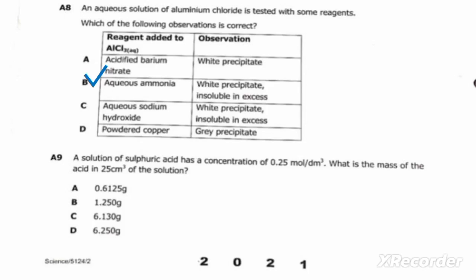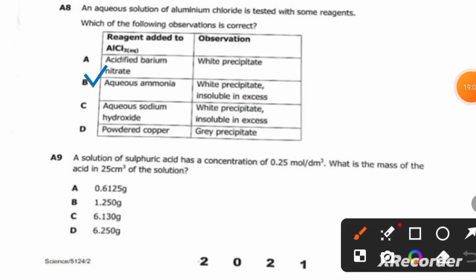the volume in cubic centimeters. As we can see, the concentration has been given in mole per cubic decimeters. So there is need for us to convert the volume that has been given in cubic centimeters to cubic decimeters. So what are we going to do?